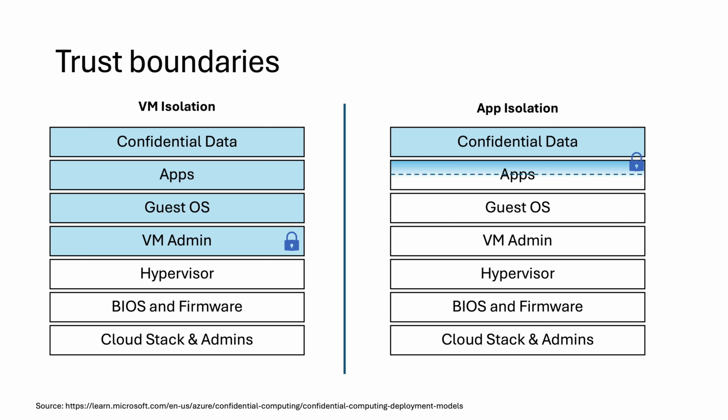On the other hand, confidential VMs have a larger TCB, which encompasses many more components, and here you're really just putting your trust in the hardware plus the OS and software and your own administrators. So again, CVMs are much more useful when you're migrating legacy or existing applications into a confidential computing environment.